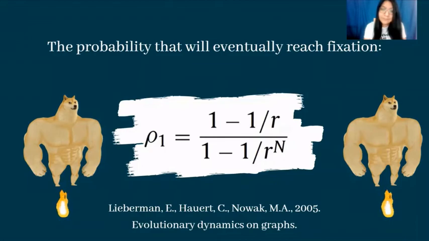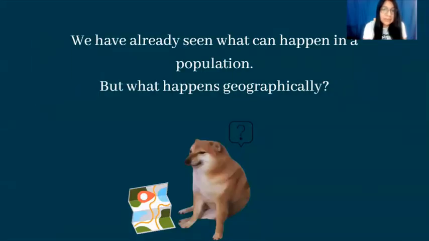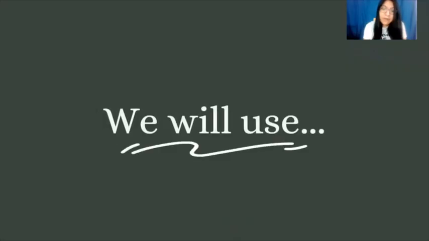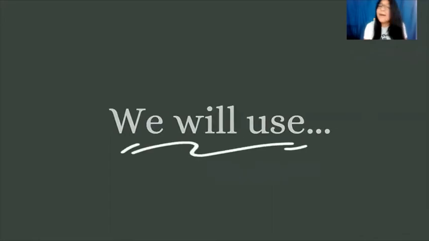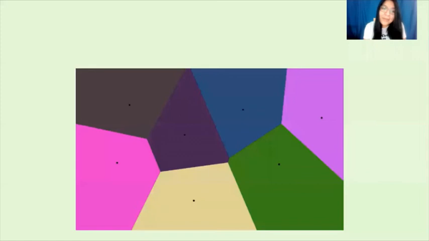Now, we have already seen what can happen in a population, but what happens geographically? For this, we will use a model with graphs. If we have a map, a plane with continuous regions, for each region we put a vertex.